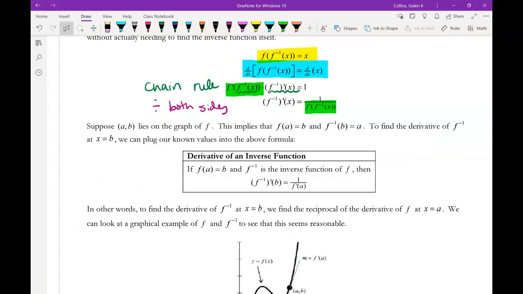I suppose it's in 2 places. So if f of a is b, and we know that the inverse of f is in fact the inverse function of f, I'm not really sure how else we would read that, then the derivative of the inverse function of f at b is 1 over f prime of a.